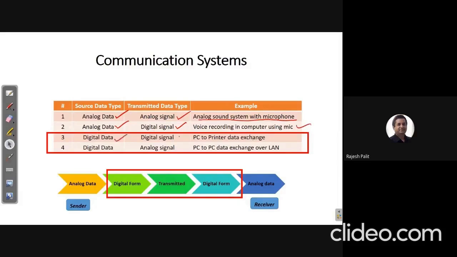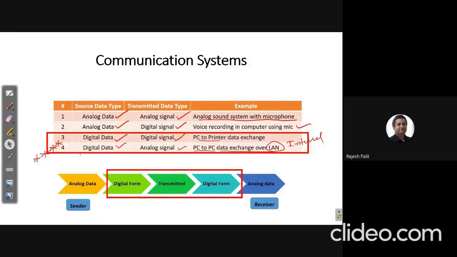Then digital data, digital signal, it is PC to printer. Digital data, analog signal, PC to PC, data exchange over the local area network, that is from one PC to another PC or over internet. And that is the most common scenario.